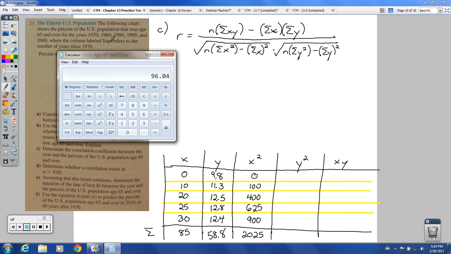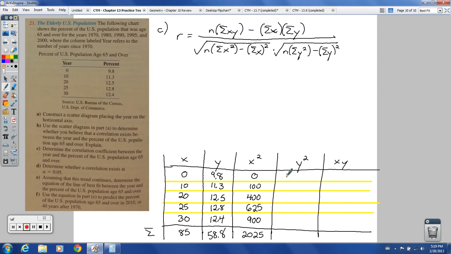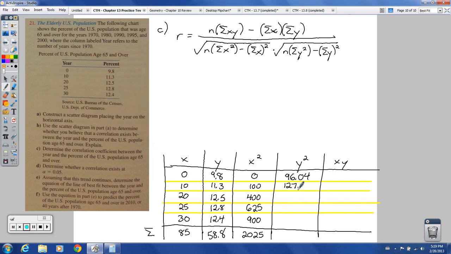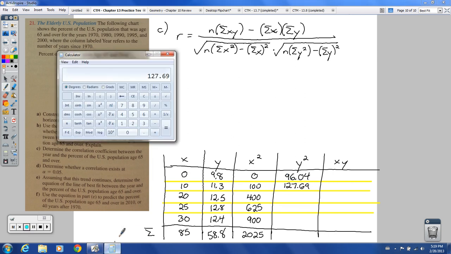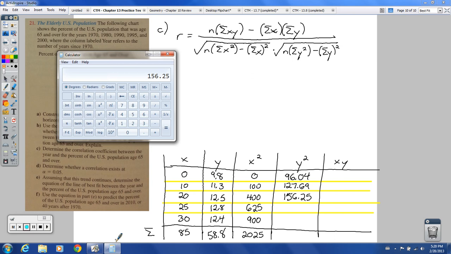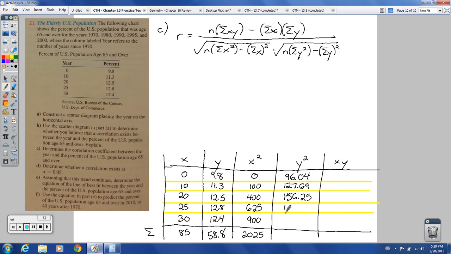9.8 times itself is 96.04. 11.3 times itself is 127.69. 12.5 times itself, 156.25. 12.8 times itself, 163.84.